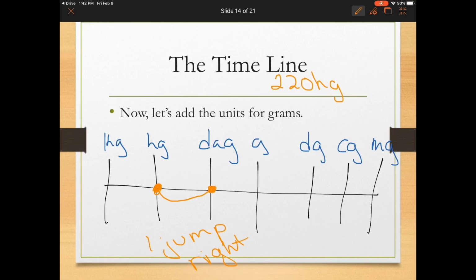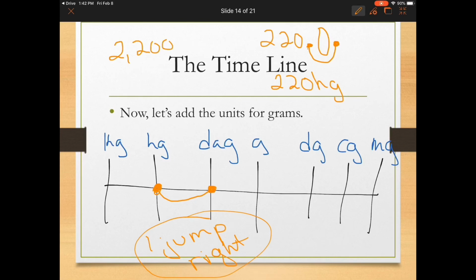So I need to move my decimal, which if you don't see a decimal there, that means it's at the very end. So I'm going to move my decimal one jump to the right. And now I'm going to put a 0 in as a placeholder. So now I have 2,200 decagrams.